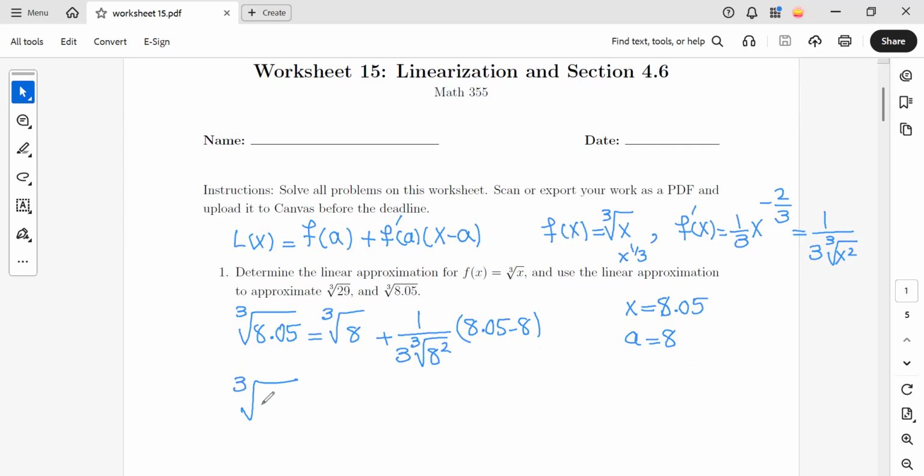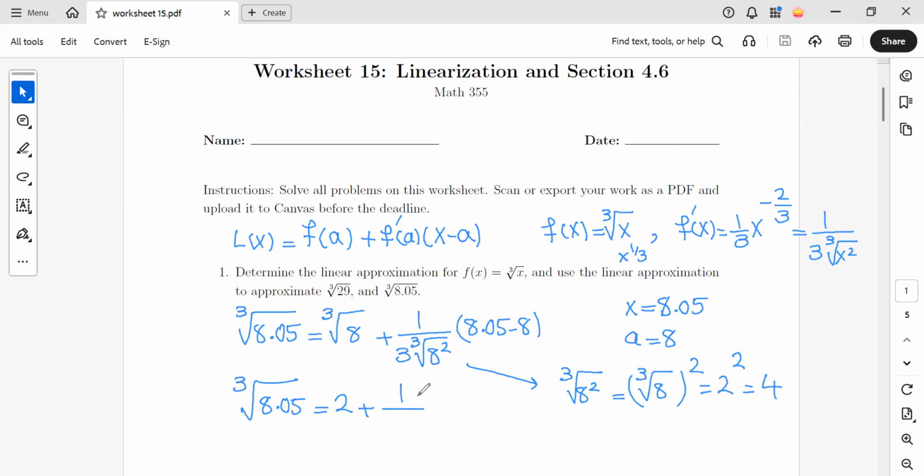So cube root of 8.05 is 2 plus the same idea here, 1 over 3 times cube root of 8 squared, which is cube root of 8 totally squared. We know inside the parentheses is 2, and 2 to the power 2 will be 4.